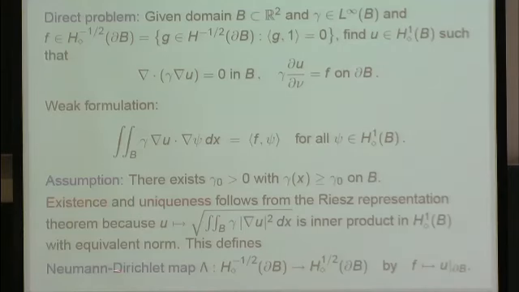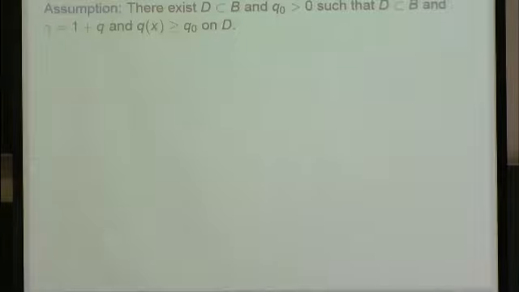You have the Neumann-Dirichlet map. This space is the mean 0 functions because it's a Neumann problem. The constant function is always solving that problem, and also you have to have that f has mean 0, otherwise you have no chance to solve that. Well known, everything.